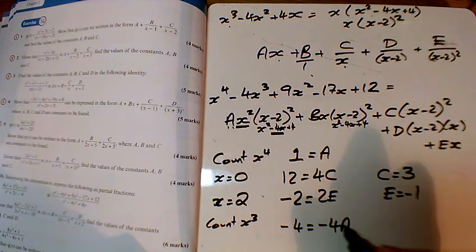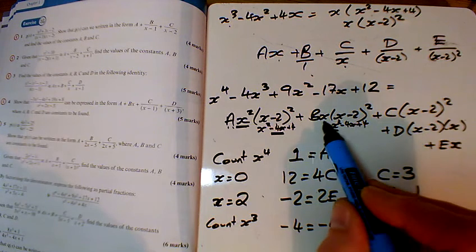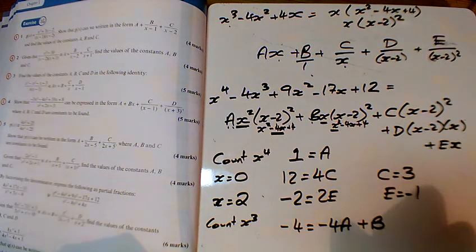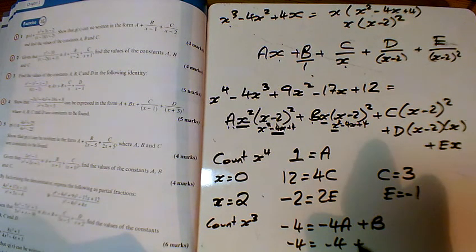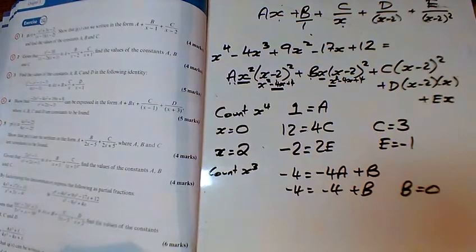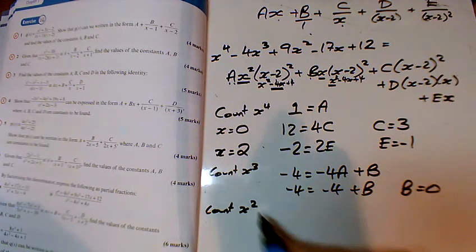So I get minus 4a's here. The x cubes I get here are from that times b. So just plus b. Now we already know that a is 1, and so that gives us that b is equal to 0.